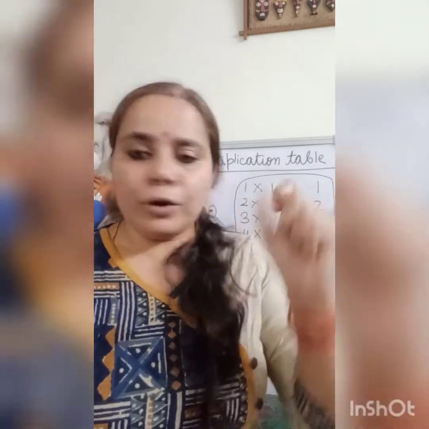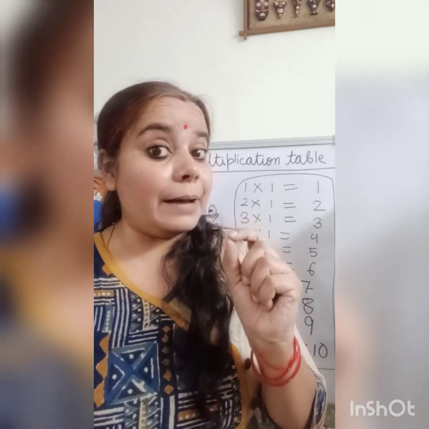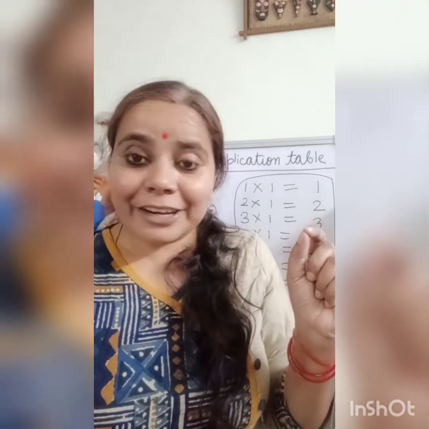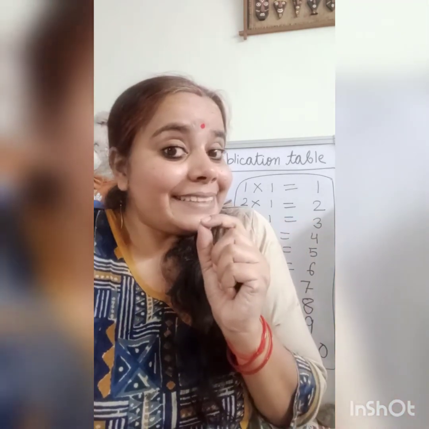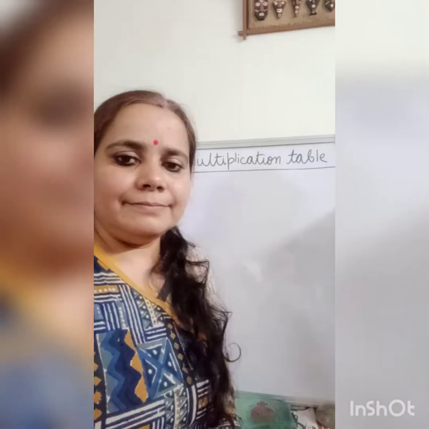And one more thing you have to do is learn them, because you all know very well ma'am is going to take the test also, and for that you have to learn. Yes, write in your copy.